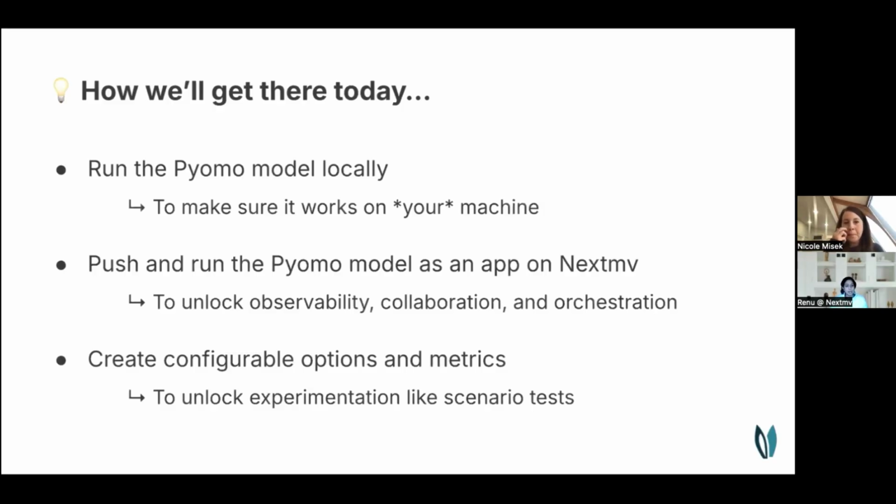So you'll see Nicole make a few changes there to help organize the model into a structure that's prepared for DecisionOps. And lastly, we will be wiring up options in the code. So you'll see Nicole make a few changes in the code. That's really to allow us to create configurable options that we can tinker with in the UI for model runs and experimentation.